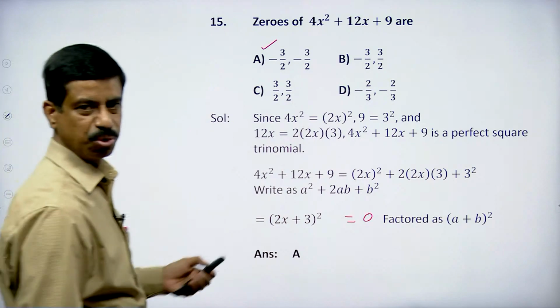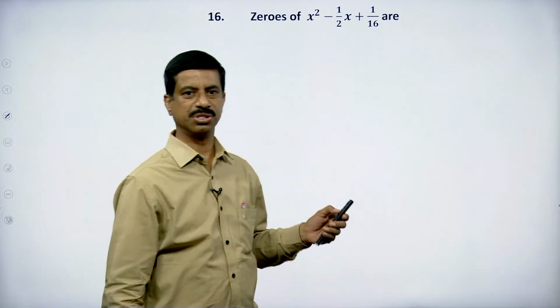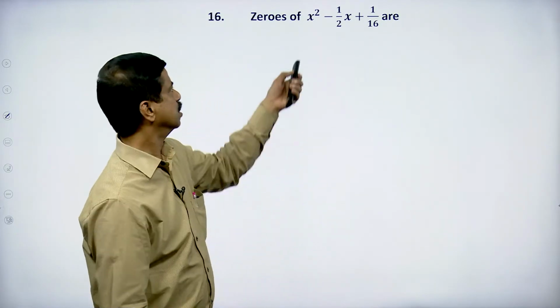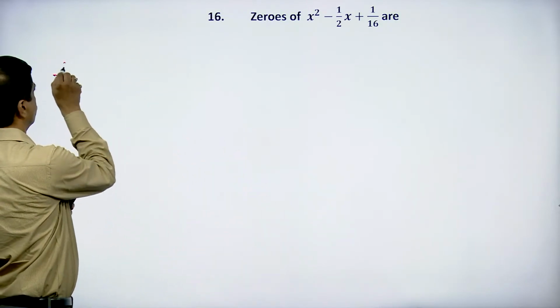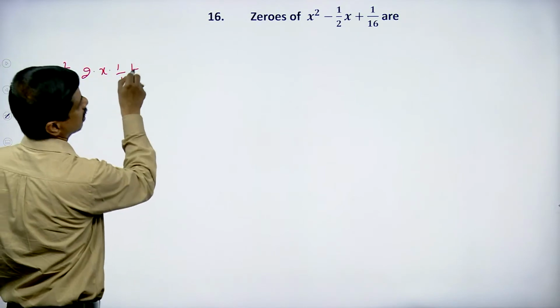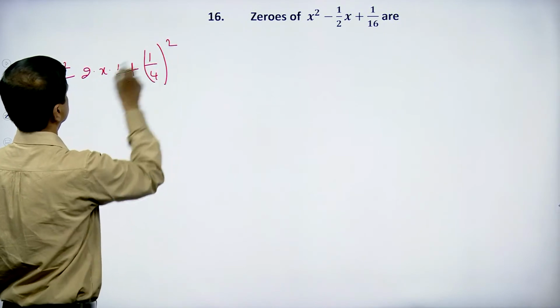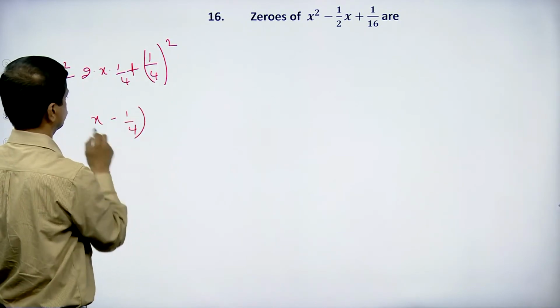Yes children, so let us move to the next question. I think everyone has followed this, so let us move to the zeros of this. Again the process is the same. You can write it as x square minus 2 into x into 1 by 4 plus 1 by 16, which is 1 by 4 whole square. So, this is of the form a square minus 2ab plus b square, that is a minus b whole square.